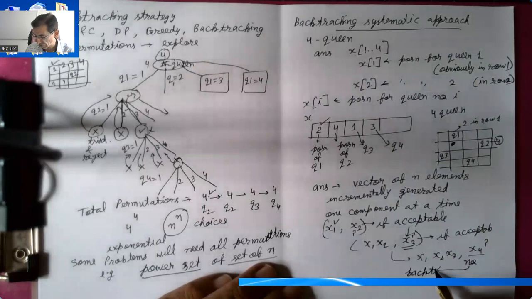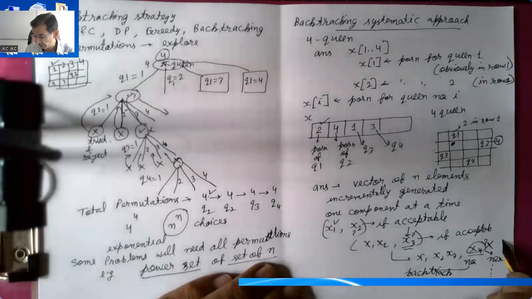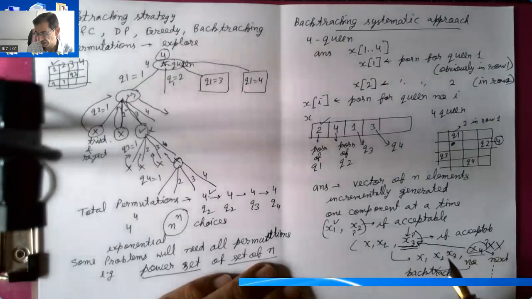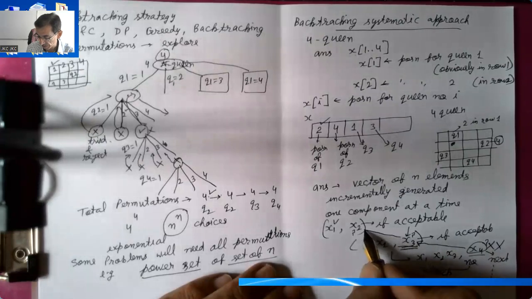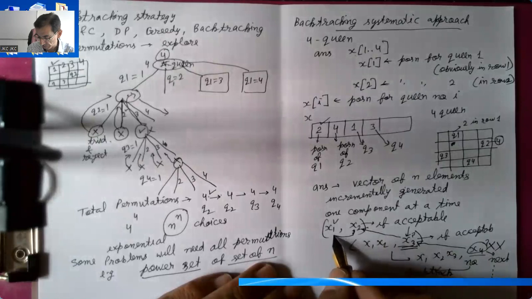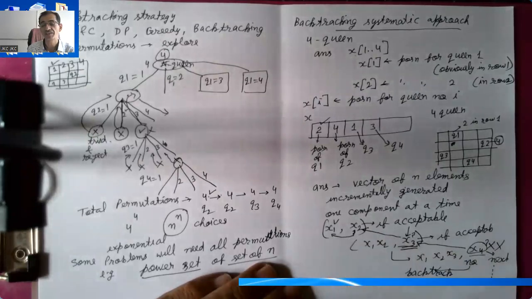Backtrack will mean that if the current value of x4 is not acceptable, try the next value. If nothing is acceptable, backtrack and try the next value for x3. If x3 is also not acceptable, try the next value of x2. If x2 is also not acceptable, try the next value of x1.